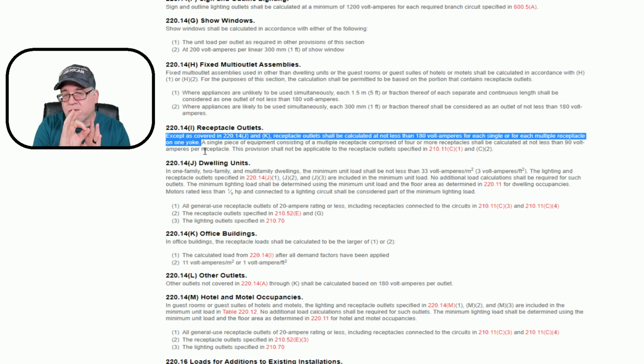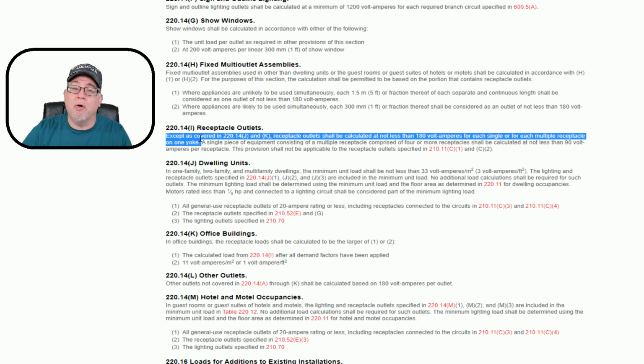If I have a duplex receptacle, which is 2 receptacles on one strap or one yoke, then that is still 180 VA. If I had 3 receptacle devices mounted on one yoke, then it would still be 180 VA. Okay, remember that. So now that that's all clear, I understand, Paul, 180 VA per yoke.